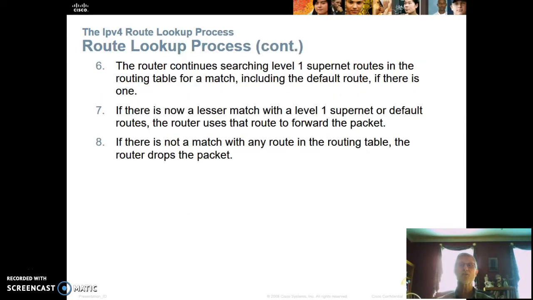If the router continues searching the level 1 subnet level, I'm looking for that default route if there is one. If there is no match at all in the level 1 supernet route, it tries any way possible to route it out, and if there's no match for any route, then the router just drops the packet.